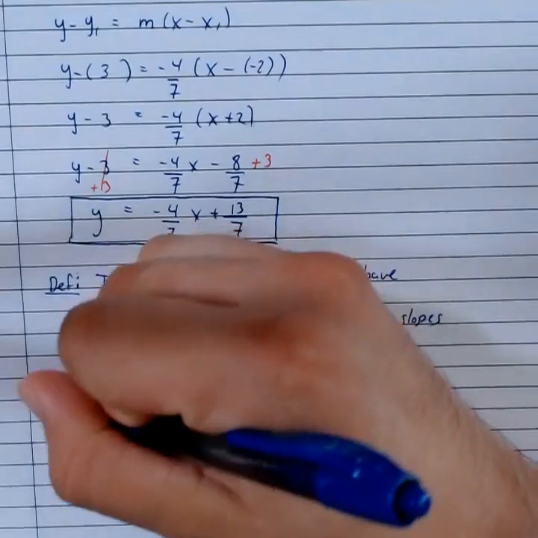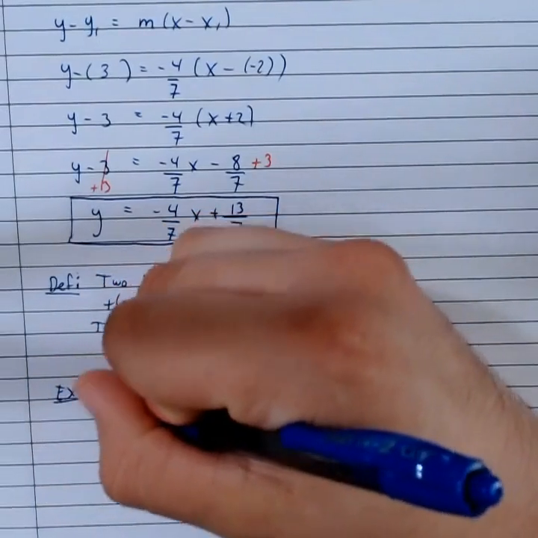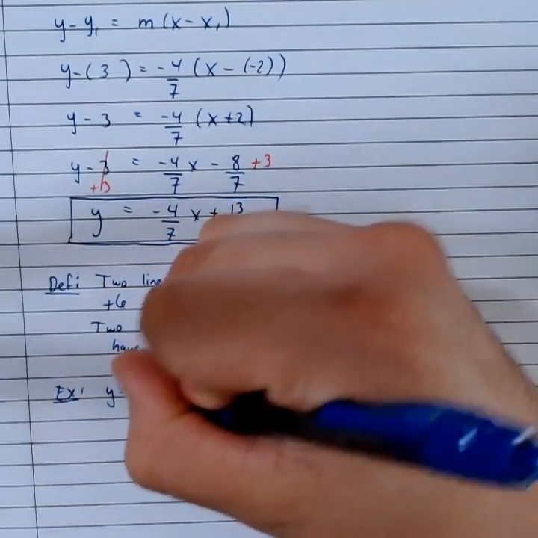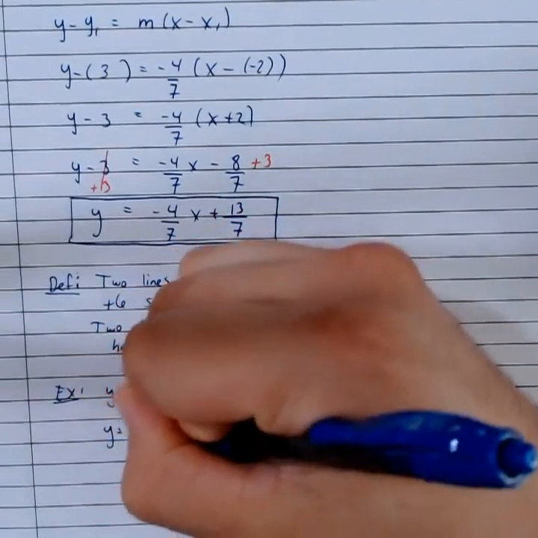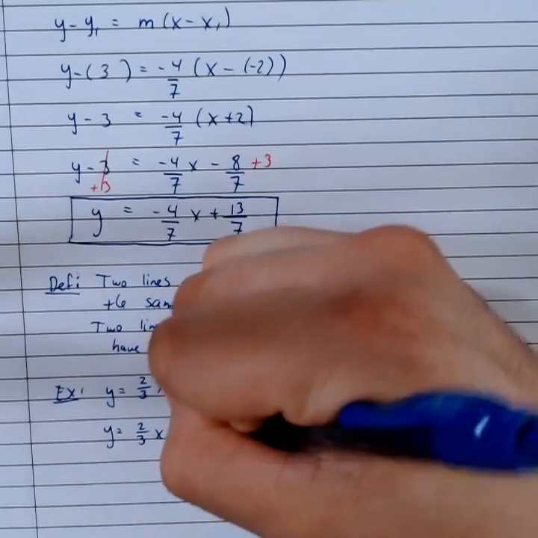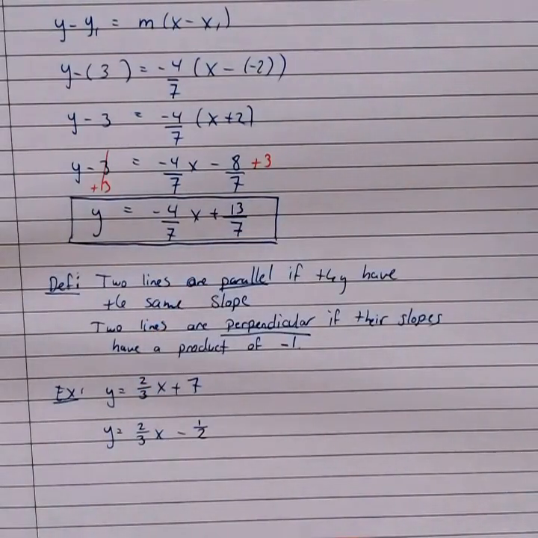So for example, y equals 2/3 x plus 7 and y equals 2/3 x minus 1/2. These are different lines, different equations, and they'll have different graphs and different solutions.